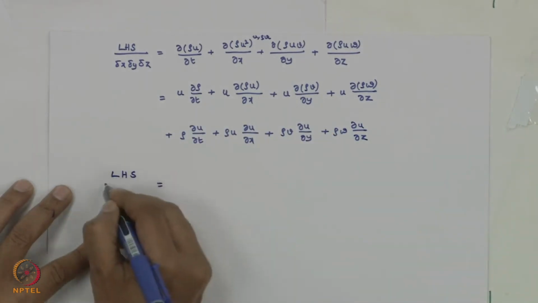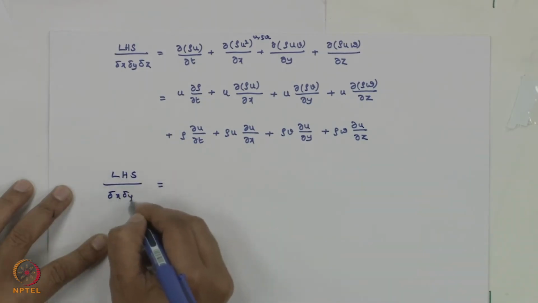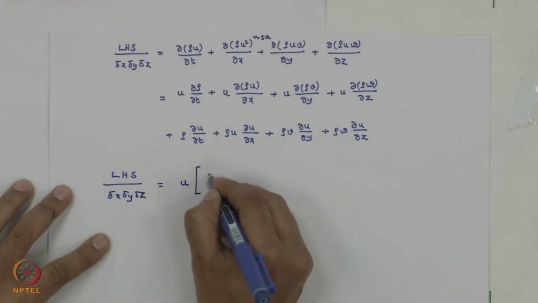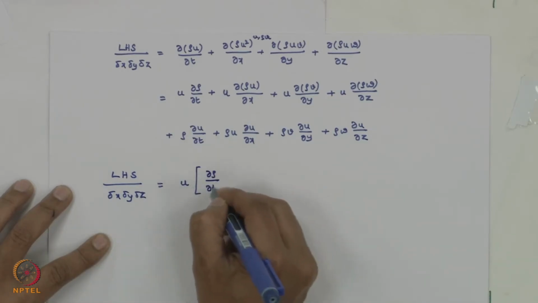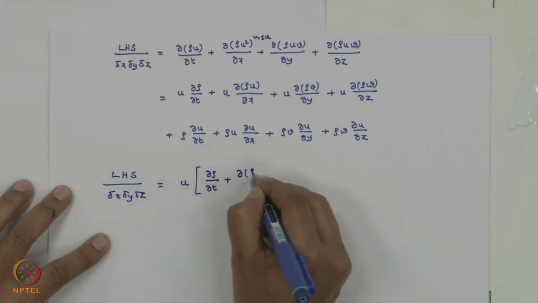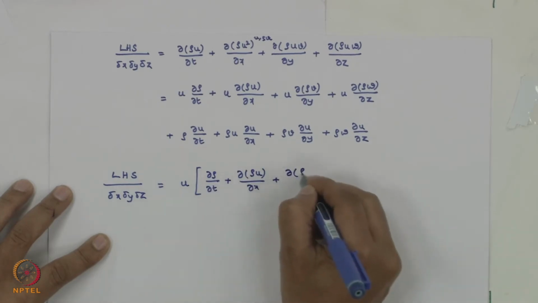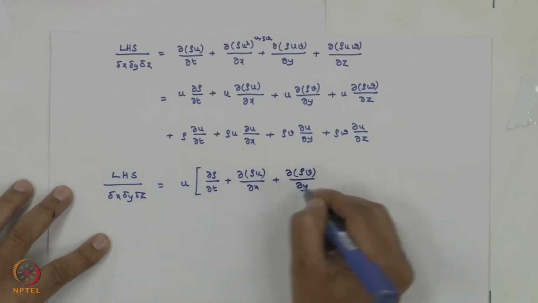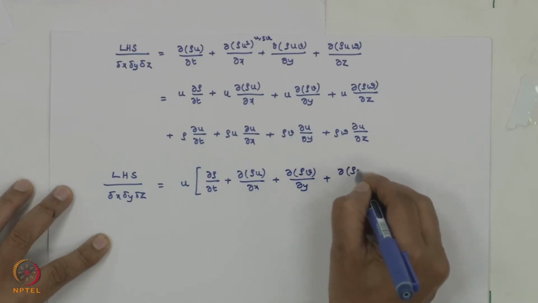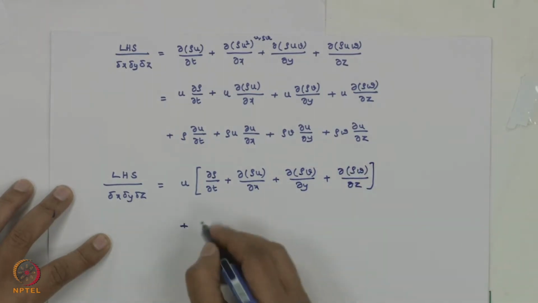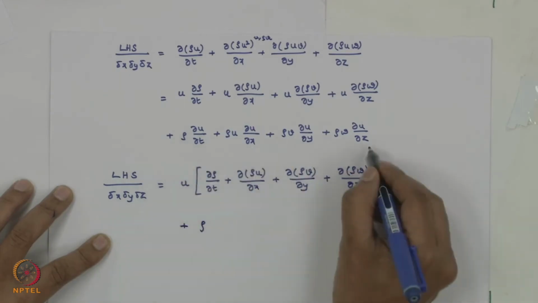So let me just take a few things I can take common. I can do it in a jiffy, but I don't want to go fast. So u, if I take common, del rho by del t plus del of rho u by del x plus del of rho v by del y plus del of rho w by del z, plus rho I can take common in all of these terms.